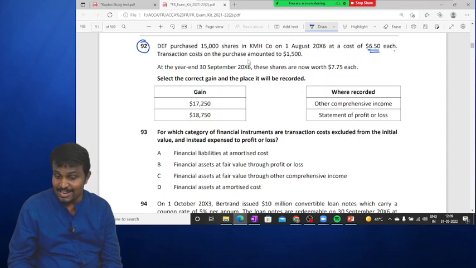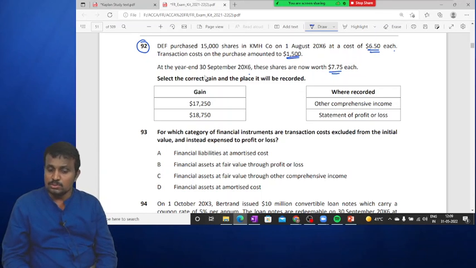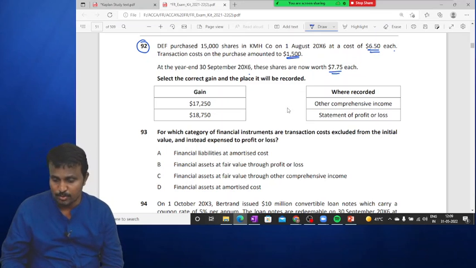Transaction cost on purchases amounted to 1,500. At the year end 30th September 2006, these shares are now worth $7.75 each. Then we need to select the correct gain and the place it will be recorded.